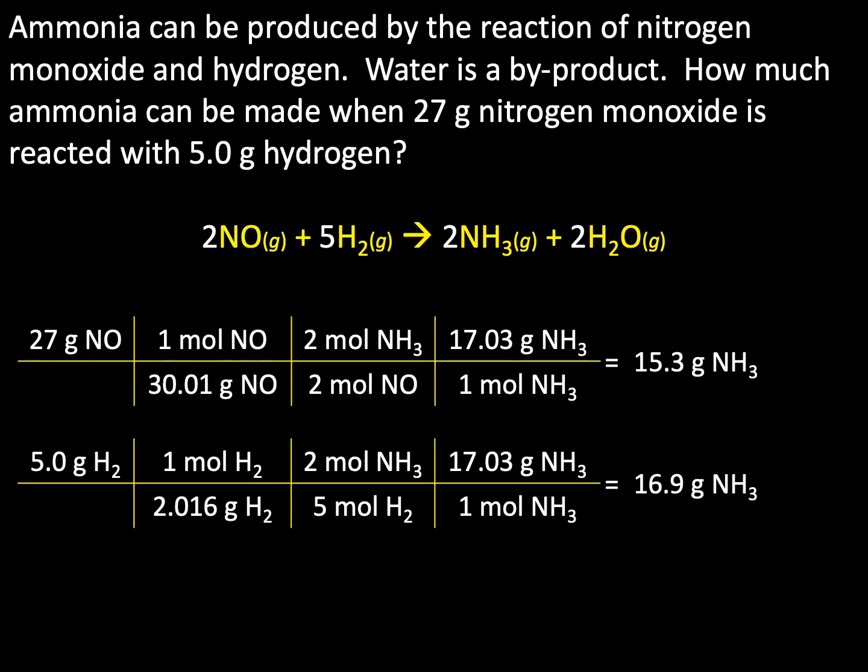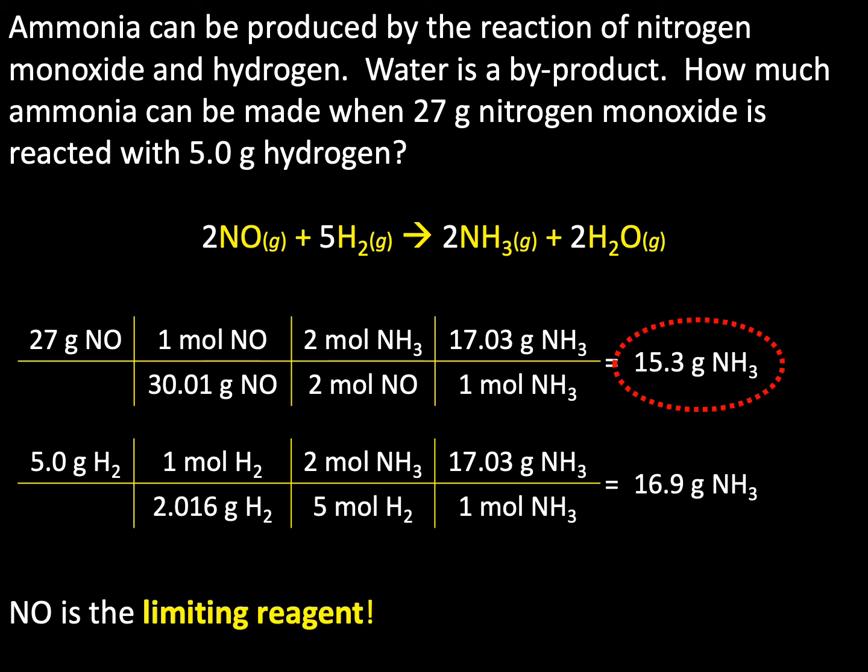We've got enough hydrogen to make 16.9 grams of ammonia. Therefore, we only have enough starting material to make 15.3 grams of ammonia. So we say that NO, nitrogen monoxide, is our limiting reagent, and we can make 15.3 grams. It doesn't matter that we have enough hydrogen to make even more.